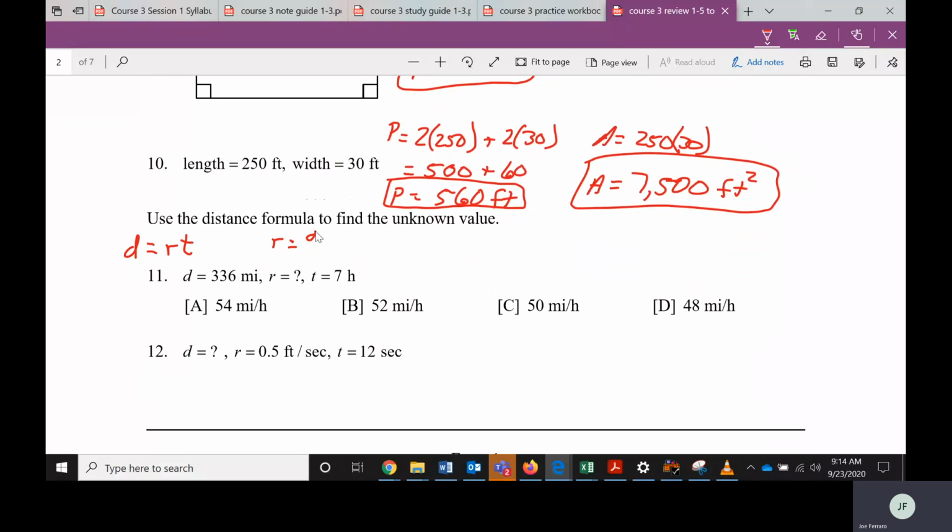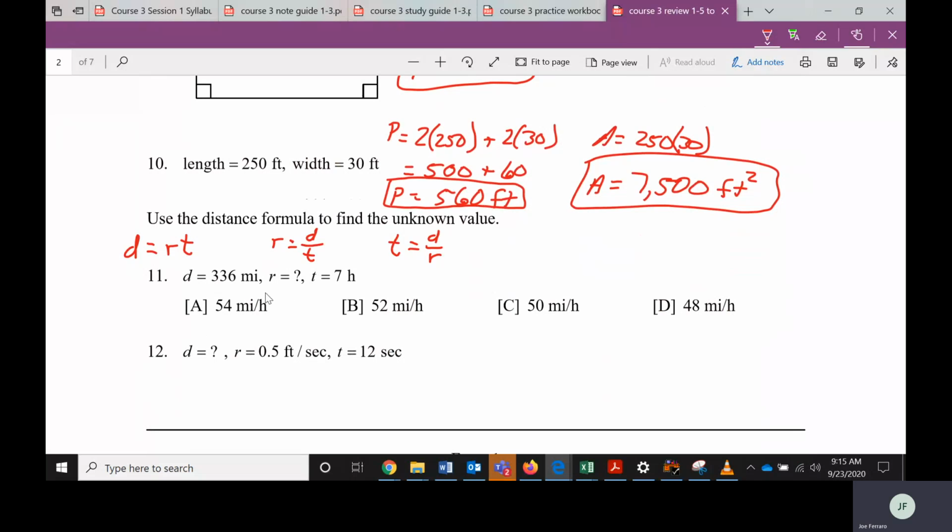And if we need to find time, then they had to give us a distance and a rate, and we would do distance divided by rate. Okay, so I'm not expecting you to memorize these right now or anything. This is how the test is on how you can use formulas, not that you memorize them. Okay, so those are the 3 different formulas that you could use here.